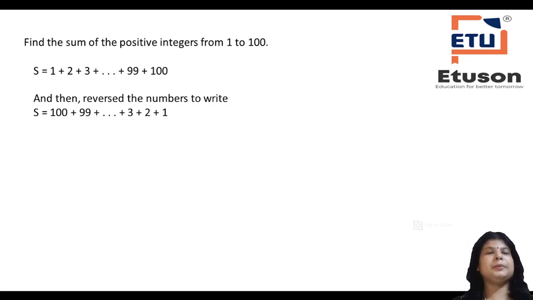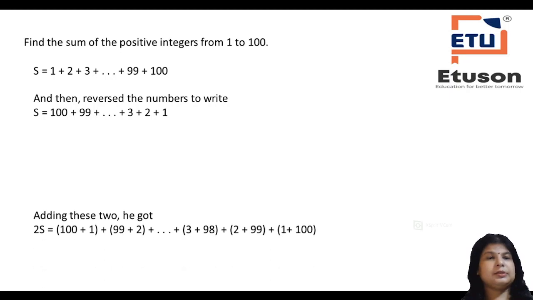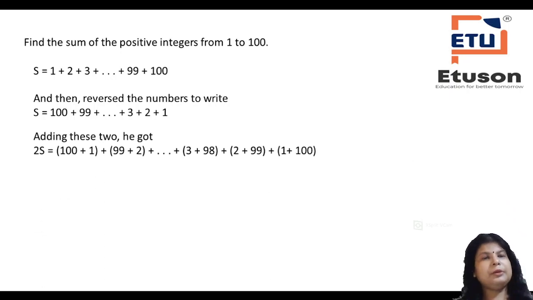Here, instead of writing from 1 to 100, we will write from 100 to 1, that is in the reverse order. The answer remains unchanged, right? So then what will we do? We will add both ways we have written S. So, we will add S plus S.